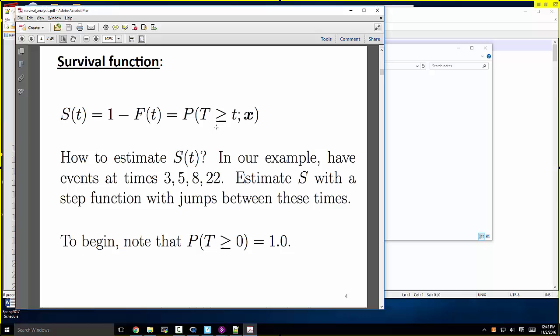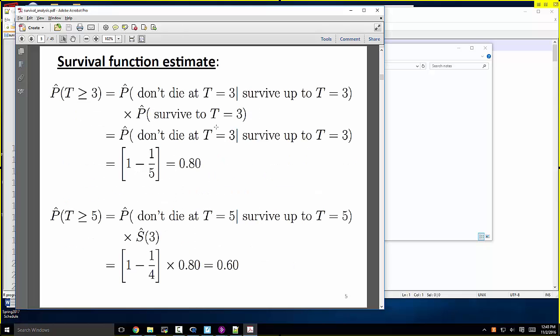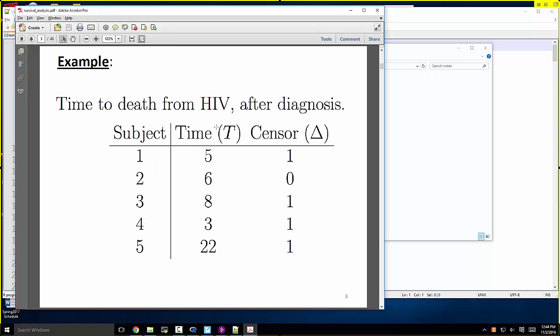And then in order to motivate the Kaplan-Meier style estimate of the survival function, I wanted to tidy up what we had here. So let's consider these example data again. Just 5 individuals, and we have both event time and censoring indicator. So we're going to construct a survival curve estimate in such a way that we accommodate the fact that one of these event times was actually a censored event time.